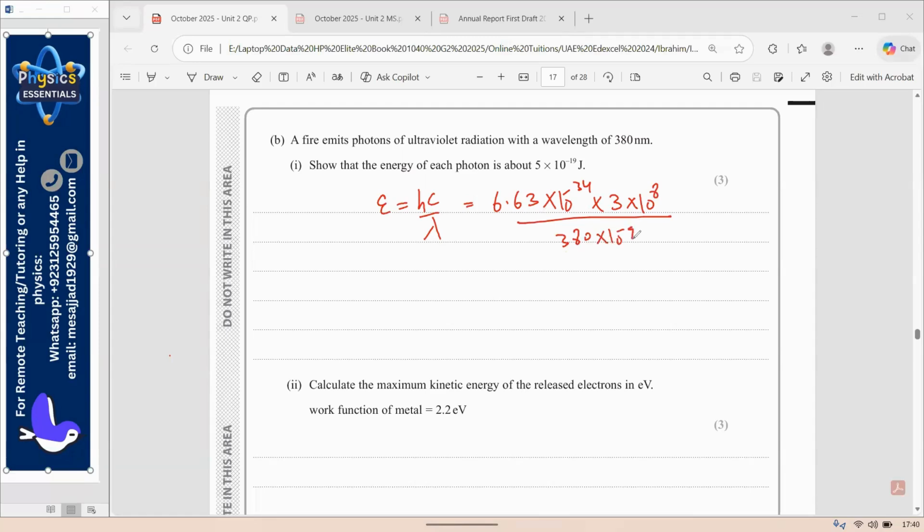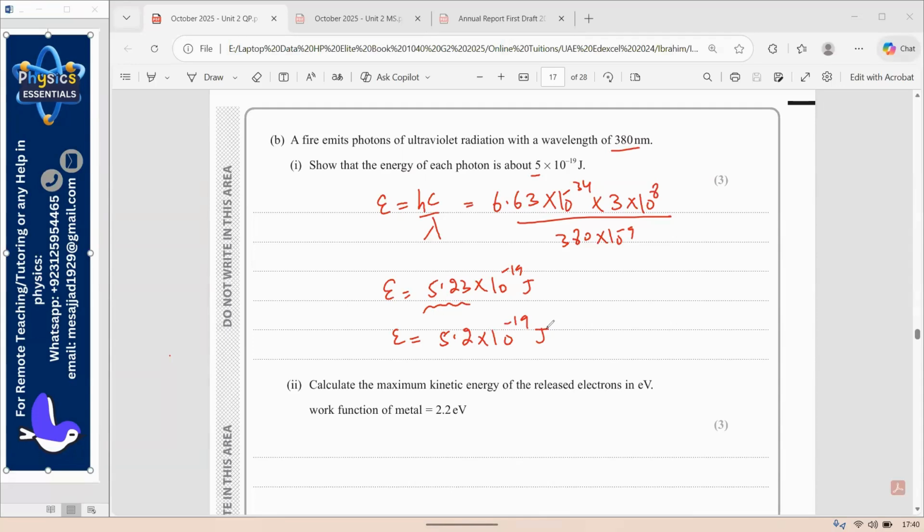And the calculation gives you the answer as 5.23 into 10 raised to the power minus 19 joules. So this is giving you 3 significant figures, but the data has either 1 or 2 significant figures, so you can round off your energy to 5.2 into 10 raised to the power minus 19 joules. Okay.